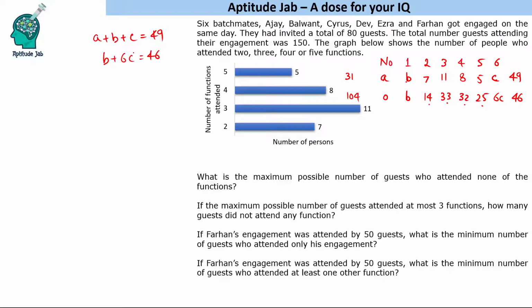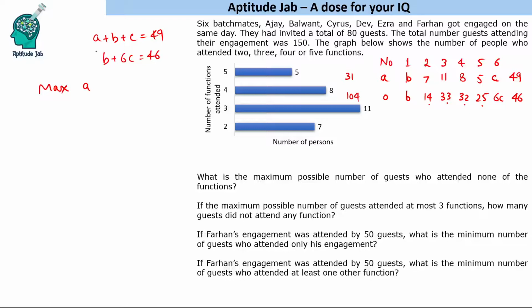Now the first question is, what is the maximum possible number of guests who attended none of the functions? Now none function is A, so we have to find the maximum value of A. So we will get two equations.